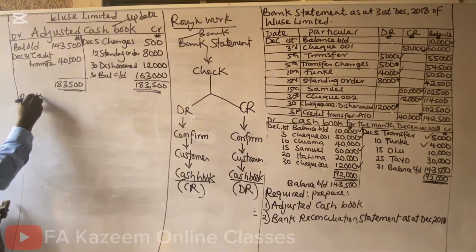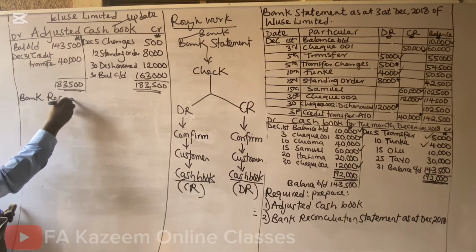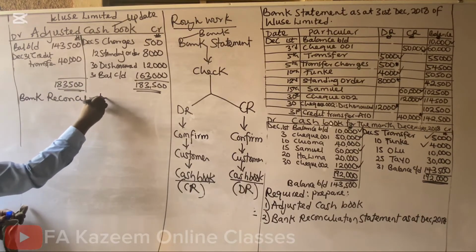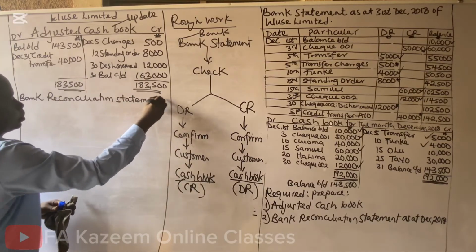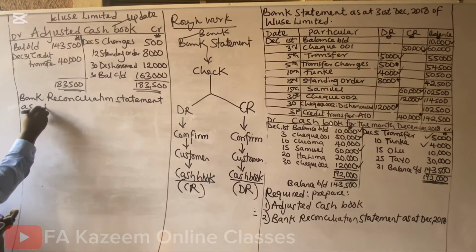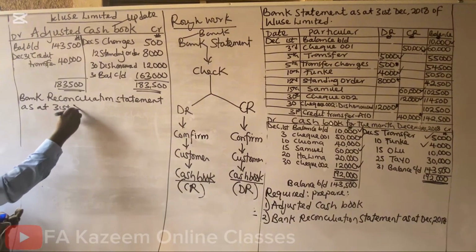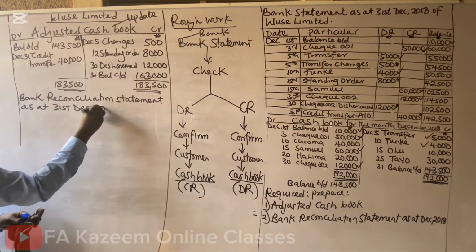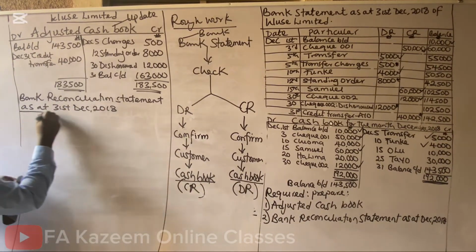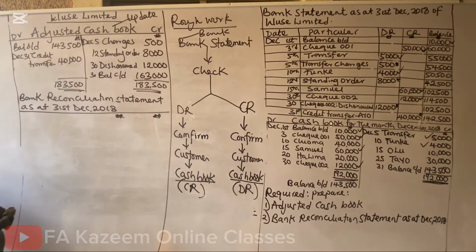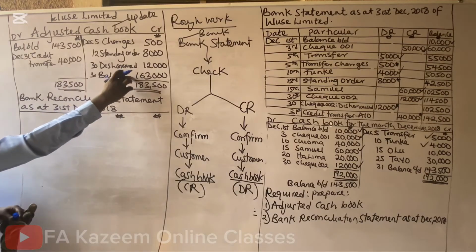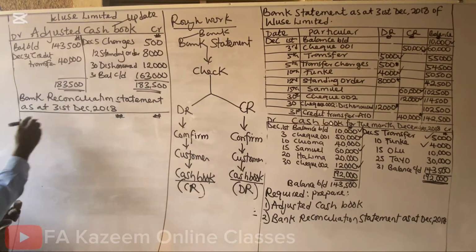Solution two is bank reconciliation. Bank reconciliation statement as at 31st December 2018. How do we solve this? Please, I need your attention. The first balance here is what they call balance as per adjusted cash book.